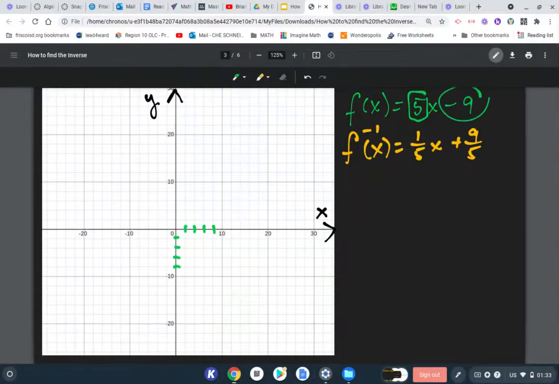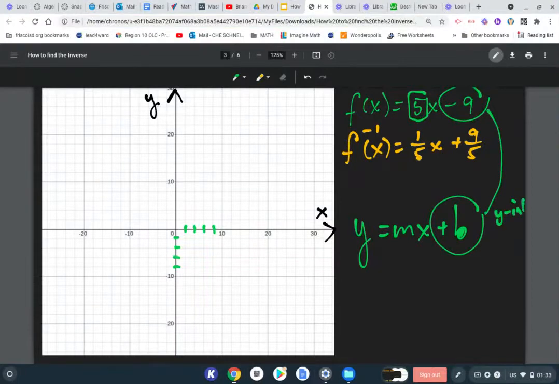Okay, so it goes by 2. -9, right here. Remember that y = mx + b is your slope-intercept form, meaning the y-intercept is -9.